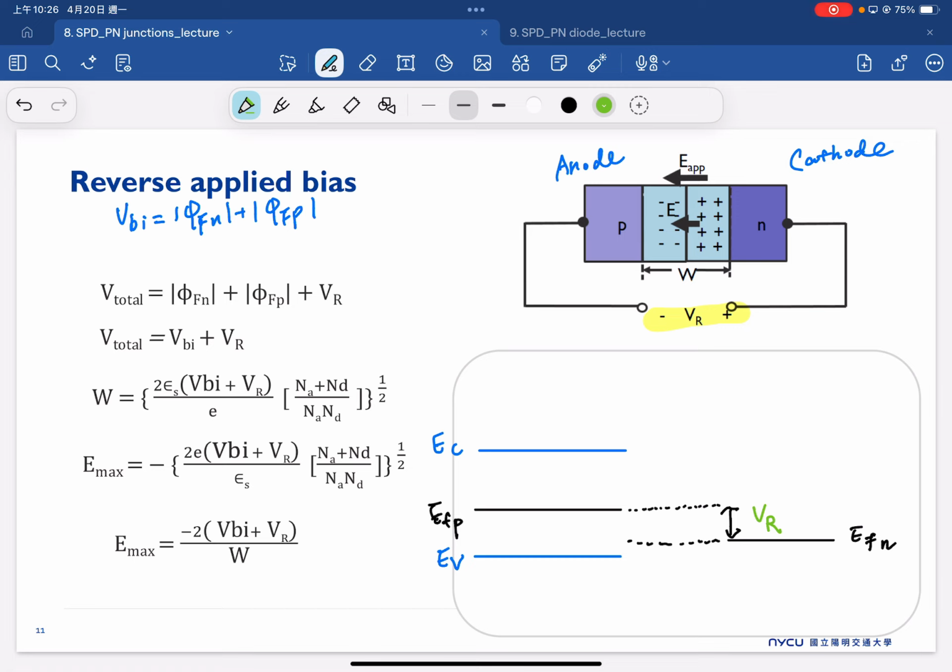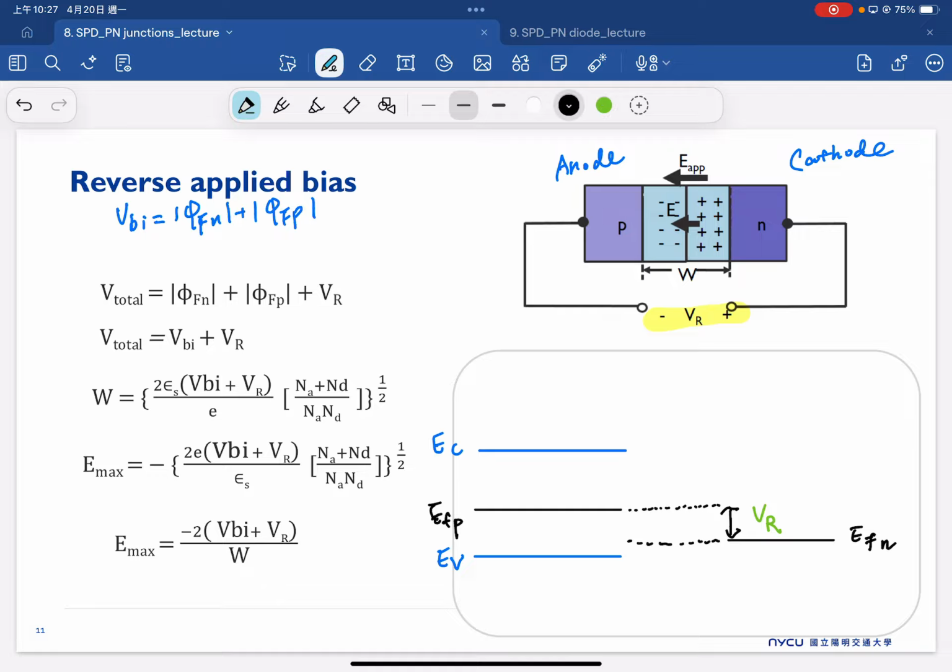So therefore, we cannot use a simple Fermi energy. We have to divide it into the quasi-Fermi energy on the P side, which we call EFP, and the quasi-Fermi energy on the N side, which we call EFN. The difference between EFP and EFN is exactly the bias that we apply here, which is VR. Now, with all this, we can start to build up the band diagram in the N region. It is still the same, because on the right-hand side it is still the N-type semiconductor.